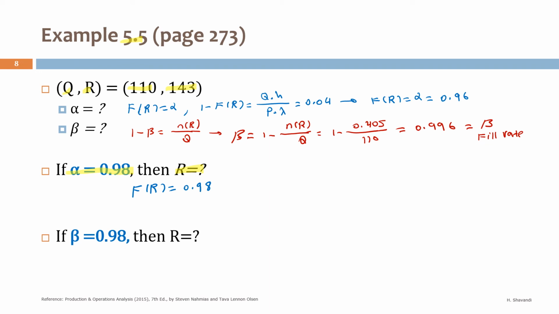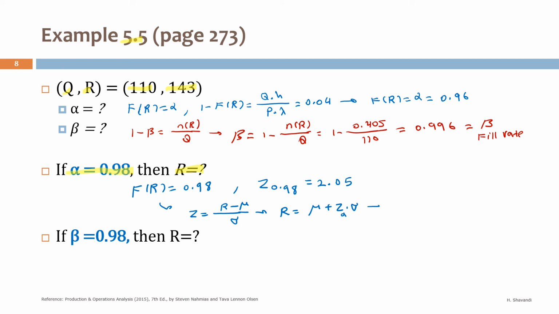So if we go to table A4 and obtain the Z of 0.98, it will be 2.05. Okay, and here we know that Z equals R minus mu over sigma. Then R will be equal to mu plus Z times sigma, right? Z of alpha.